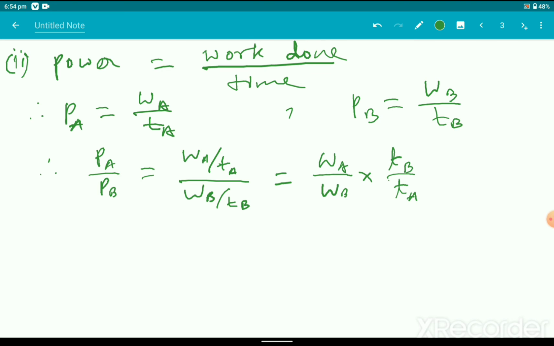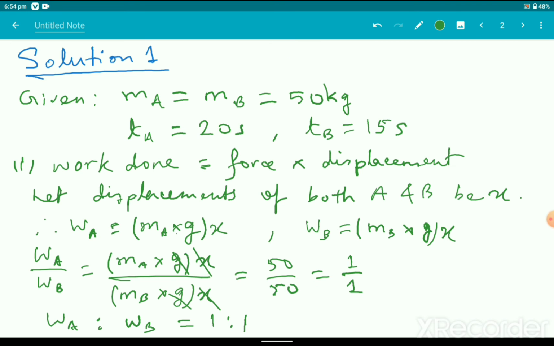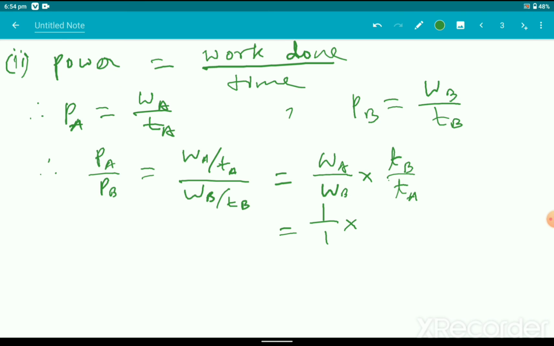Okay, so W_A by W_B, this ratio is 1 is to 1, so I can easily write it as 1 by 1 into time taken by B. Time taken by B is 15 and A is 20, so 15 by 20. If I simplify it, it turns out to be 3 by 4. Therefore the required answer is P_A is to P_B is equal to 3 is to 4. Okay, so this is our answer.